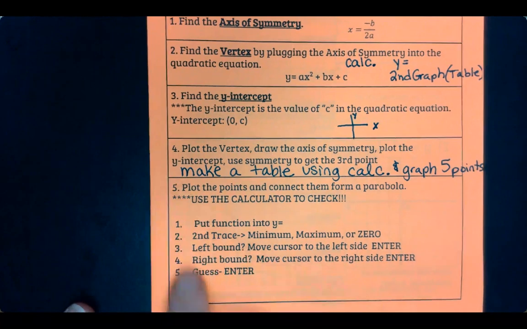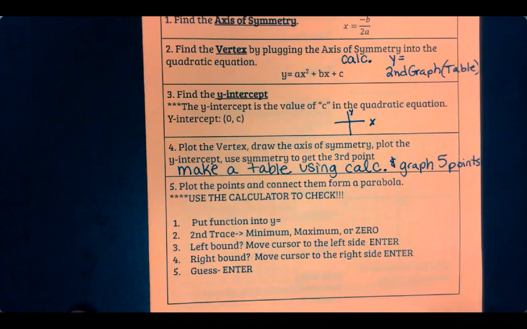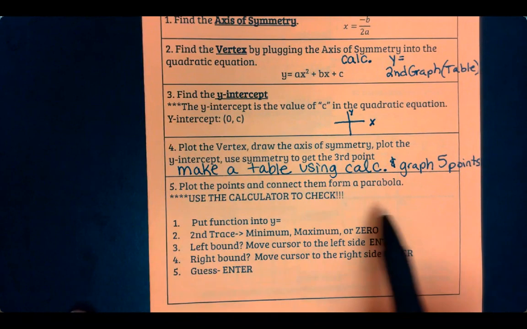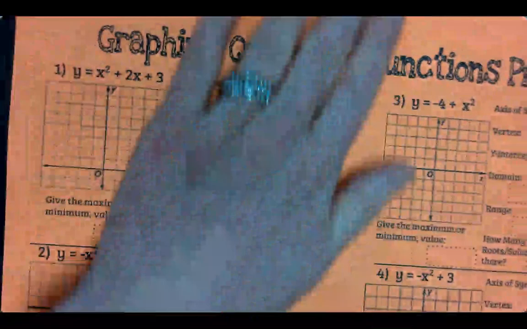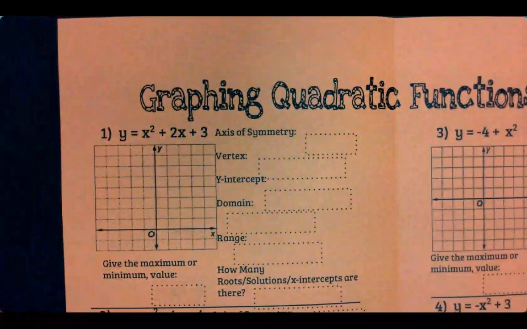Okay, step 5 is optional. We're not actually going to do that today. It just tells you some things in the calculator that you can use. We're not going to do that today. So go ahead and open up the foldable.